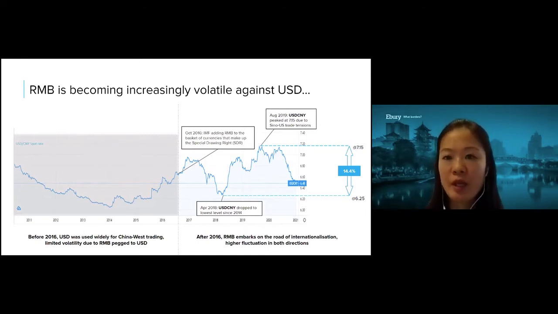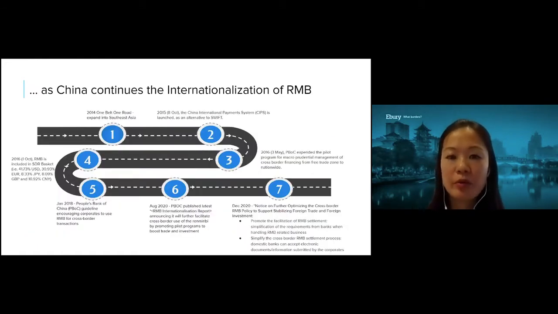So if we look at the lowest and the highest points, the dollar RMB rate has fluctuated beyond 10%. Especially in the last 12 months, there has also been quite a lot of volatility, which we could cover in the following slides.